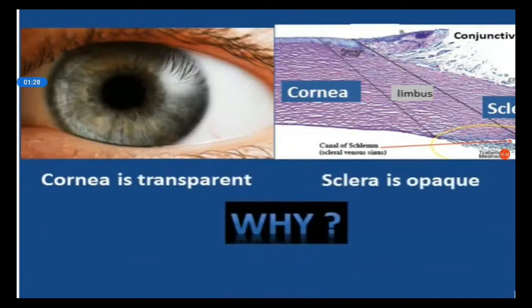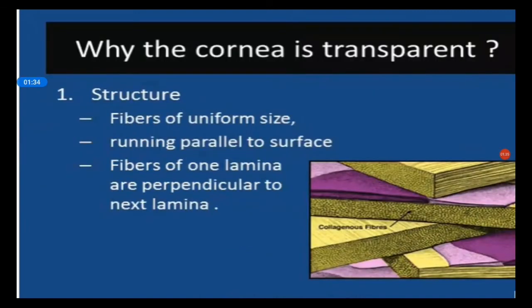The cornea is transparent while the sclera is opaque. Why is that? The cornea is transparent because it is formed of fibers of uniform size running parallel to the surface, and the fibers in one lamina are perpendicular to the fibers in the next lamina.